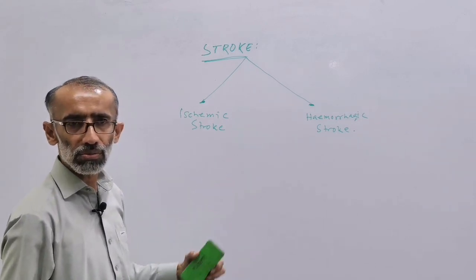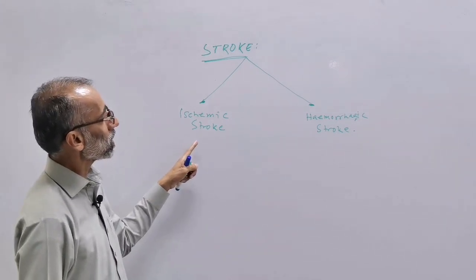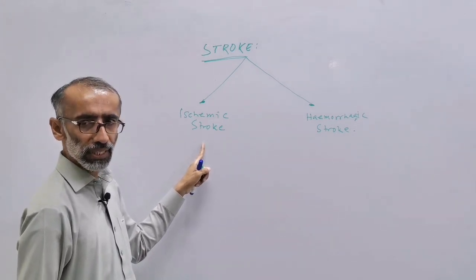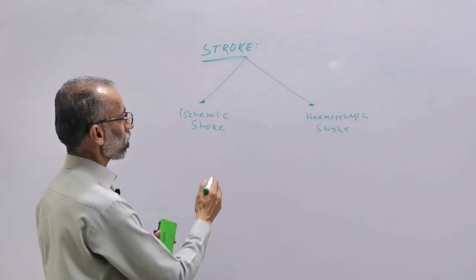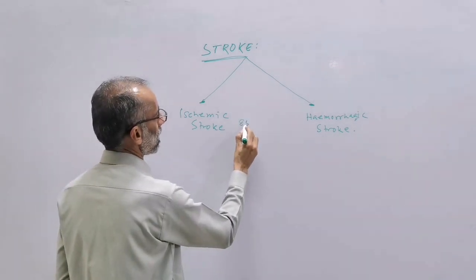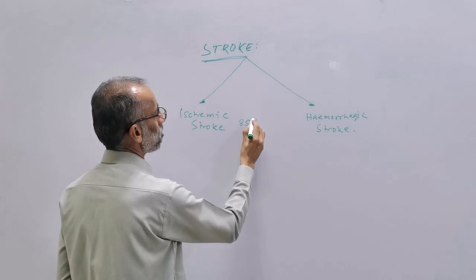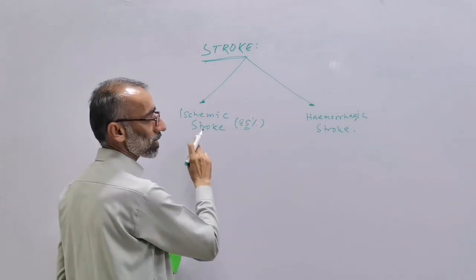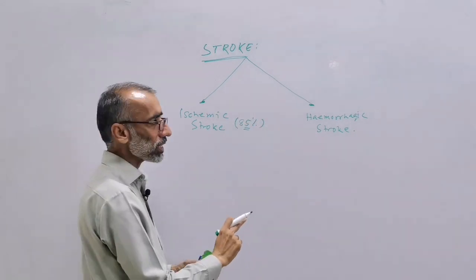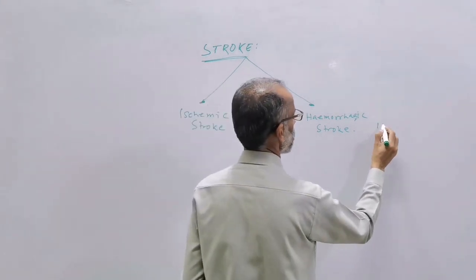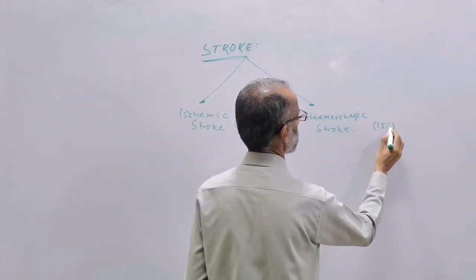There are two main types of stroke. Ischemic stroke is 85%, ischemic stroke is more common. Hemorrhagic stroke is 15%.